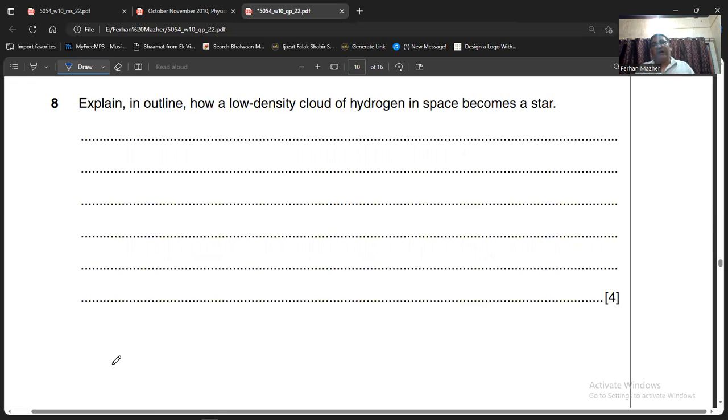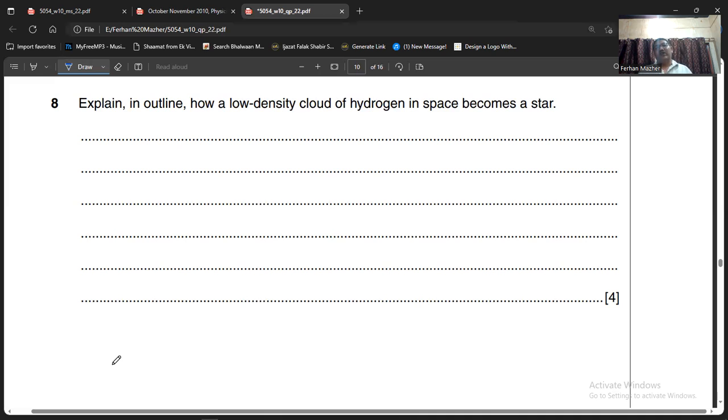The gravity is causing an inward force, and those gases and dust come very close to each other. And they come so close that the very simple element in it, which is hydrogen, its nuclei start to fuse into each other.